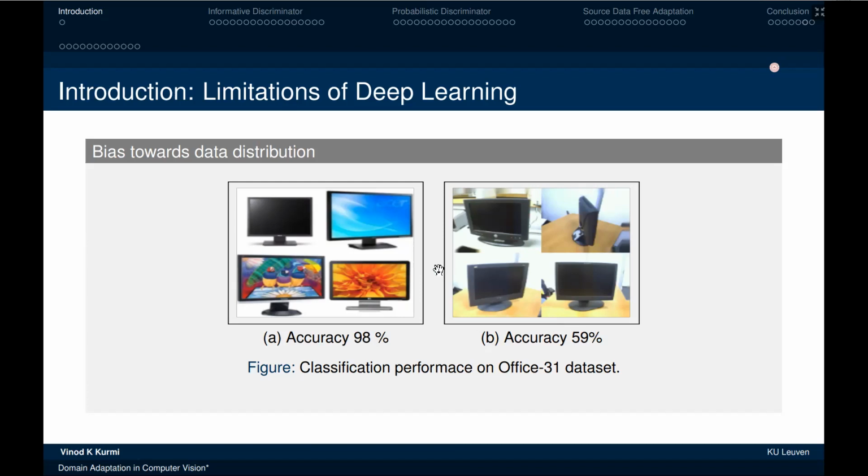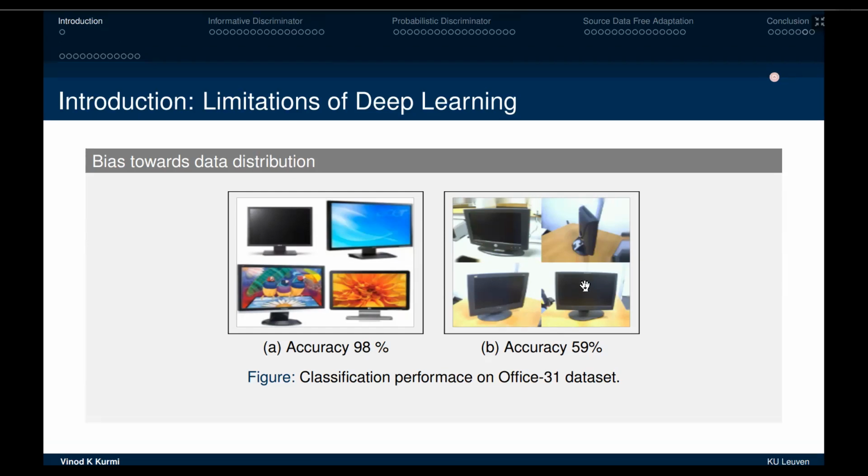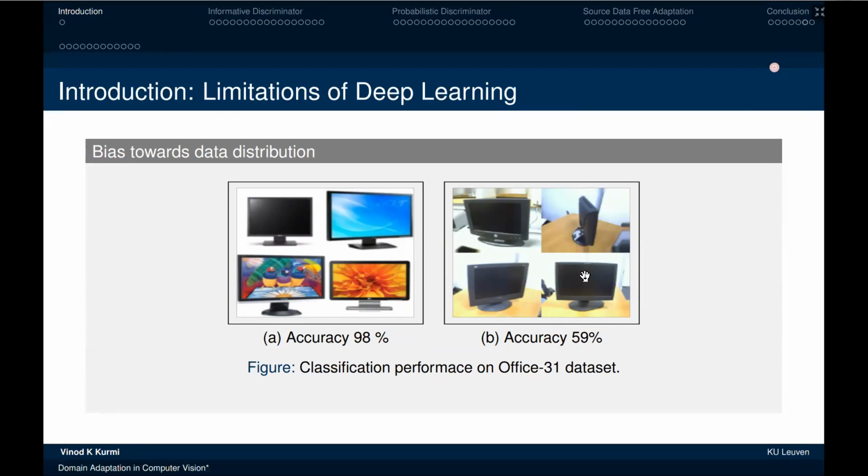The reason is that these two kinds of images come from different distributions. What does distribution mean? One data set has one particular kind of setup, and the other data set has a different kind of setup. They have different lighting conditions, different poses, or different environments.